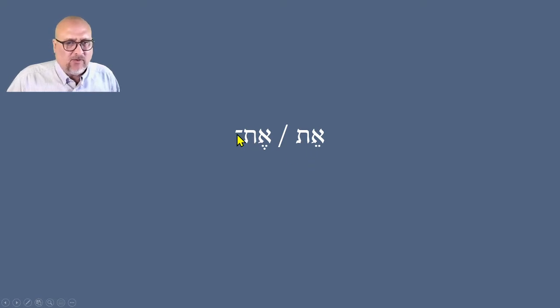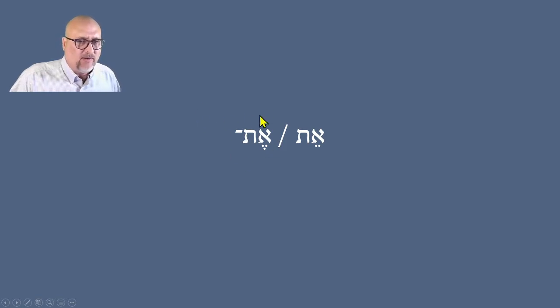Now you say, why does it have two different versions of it? So this is called a makaf. This little line is called a makaf. And sometimes you'll see the et without the makaf, and sometimes you'll see it with the makaf. It probably has something to do with their thinking of it as a sign of.